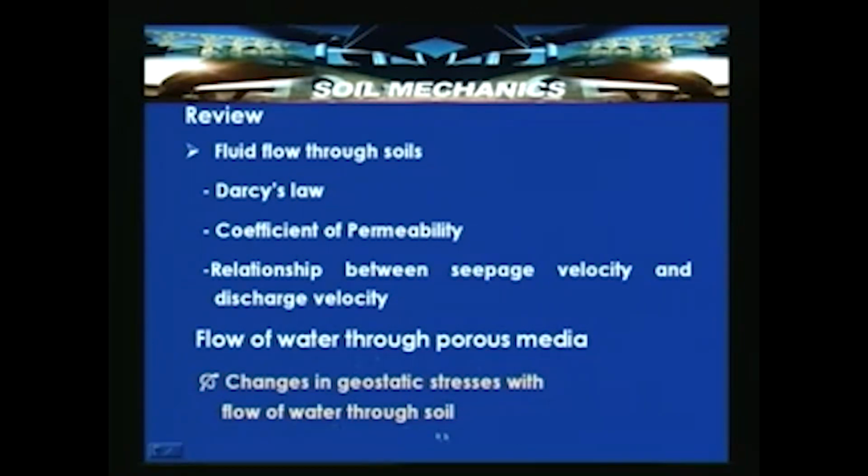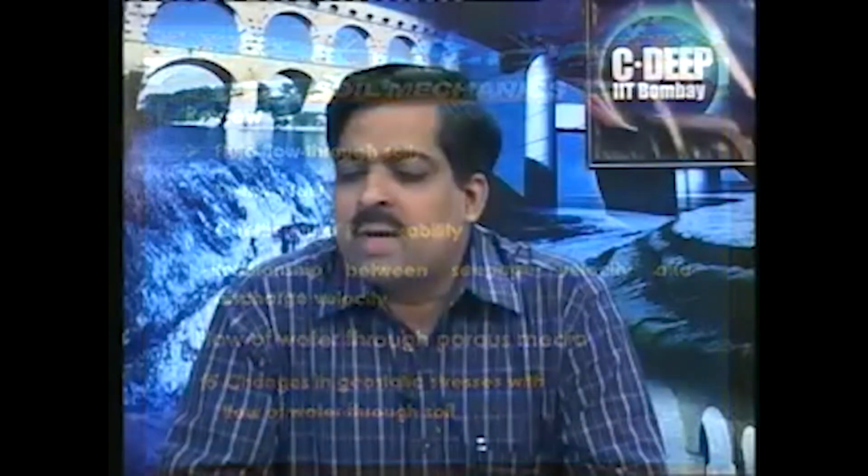So, now in this lecture we will concentrate on flow of water. When flow of water takes place through a porous media, what are the changes in geostatic stresses with flow of water through soils? So, let us concentrate on this particular effect when water flows through soil.